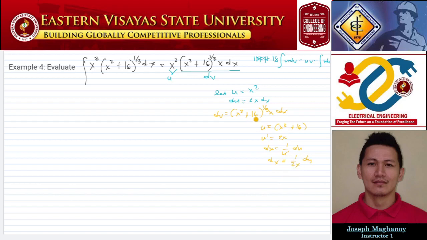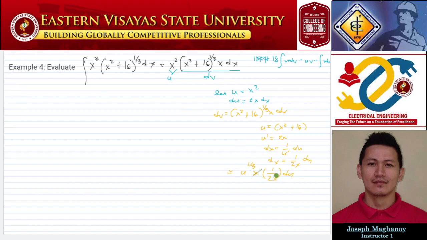Now we can apply this to our second term. So we replace x squared plus 16 equal to u, to the 1/3, times x. What is our correction factor? dx. That would be 1 over 2x du. Now we apply some cancellation.